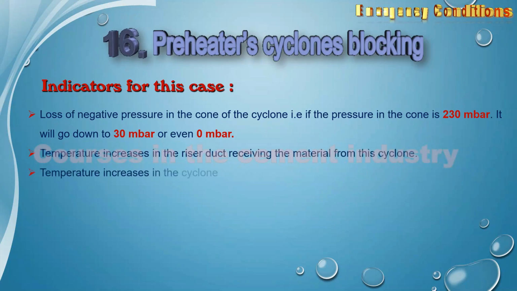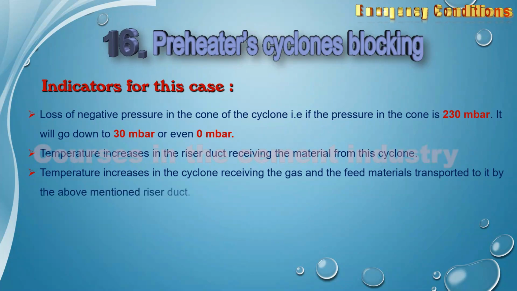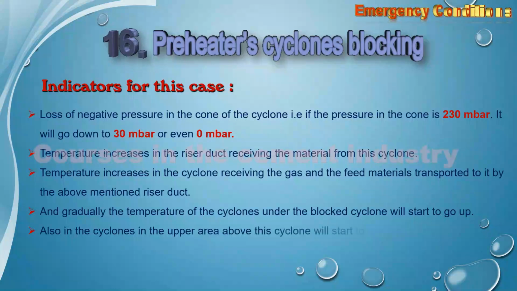Temperature increases in the cyclone receiving the gas and the feed materials transported to it by the above-mentioned riser duct. 4. Gradually the temperature of the cyclones under the blocked cyclone will start to go up. 5. Also the cyclones in the upper area, above this cyclone, will start to increase.